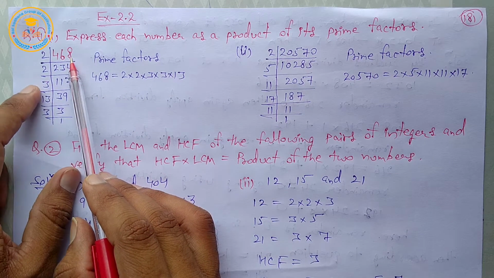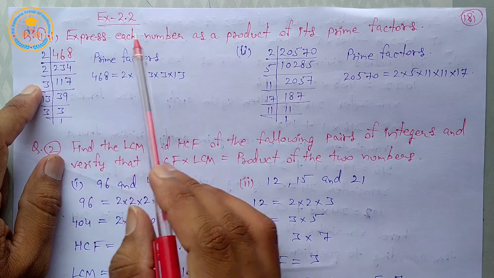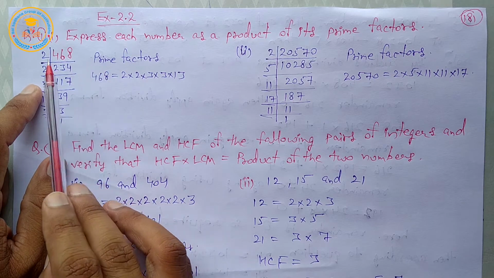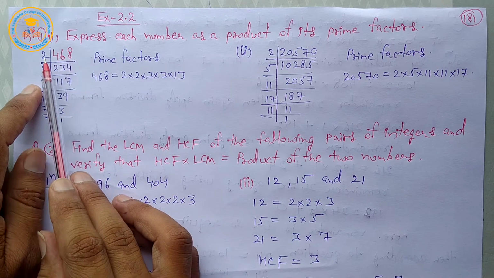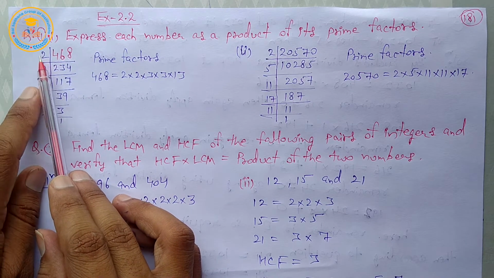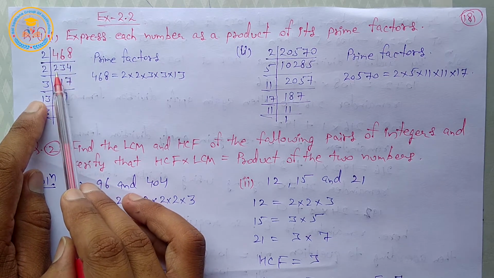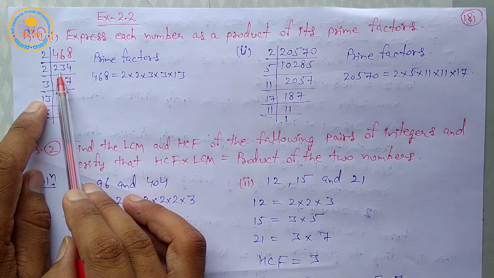468. Now, calculating 468 by the prime factorization method means we divide 468 by 2, then 2 again, then 3, and so on. 468 divided by 2 is 234.